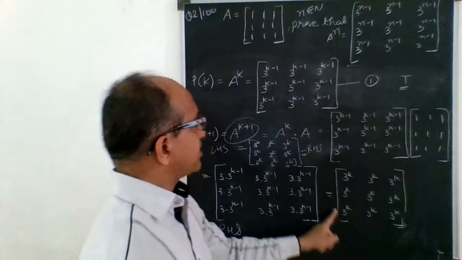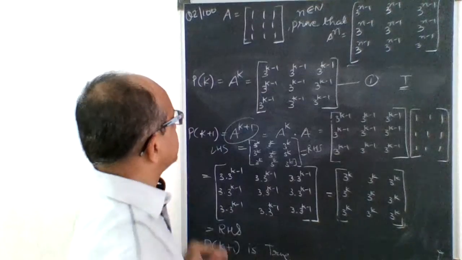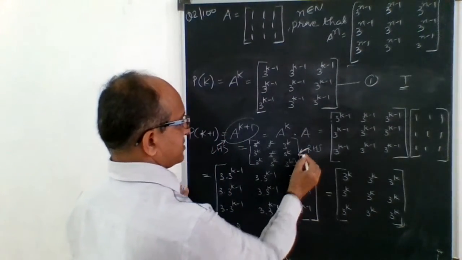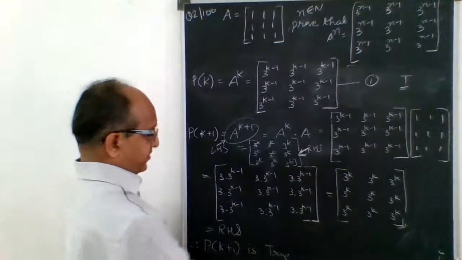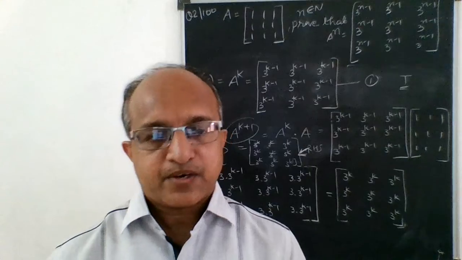This is what we are getting on the RHS side. This is LHS, this is RHS, so we are getting RHS here. That means it is true. Keep practicing. God bless you, children.